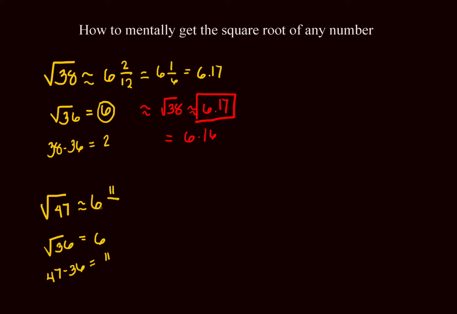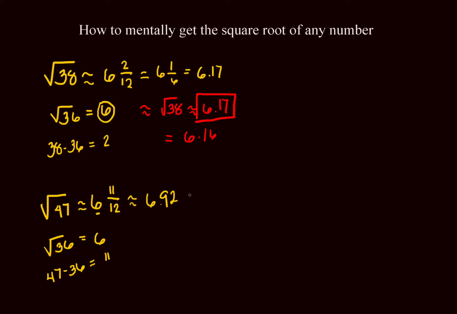And then for our denominator, again, all we need to do is just double the value of 6, which will just be equal to, again, a value of 12. So therefore, the approximate value of the square root of 47 will just be 6 and 11/12, or that's about equal to 6.92.